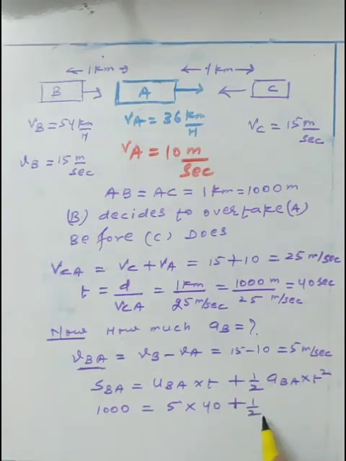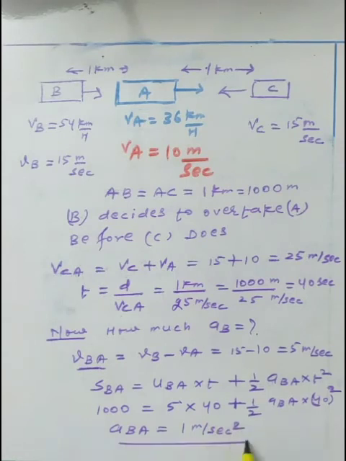Now 1 upon 2 into A_BA into 40 squared. Solving the equation, the acceleration of B with respect to A is 1 meter per second squared. So this is the solution of this problem on the basis of the concept of relative velocity.